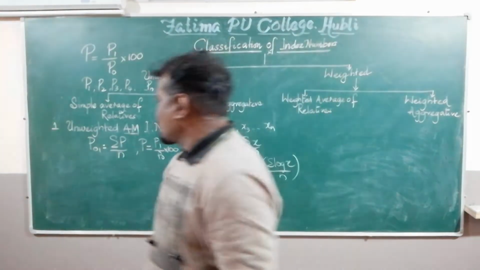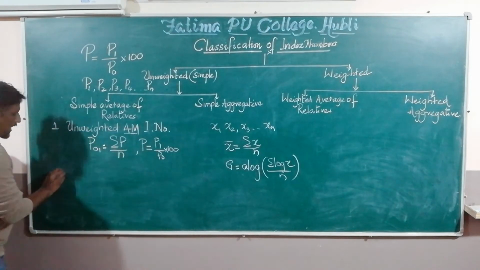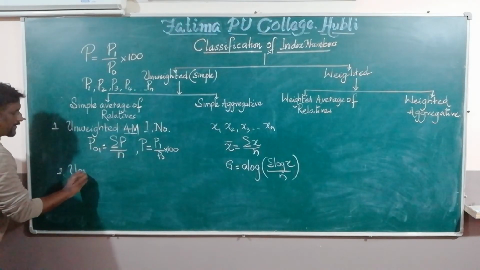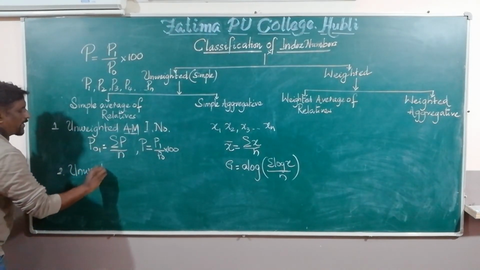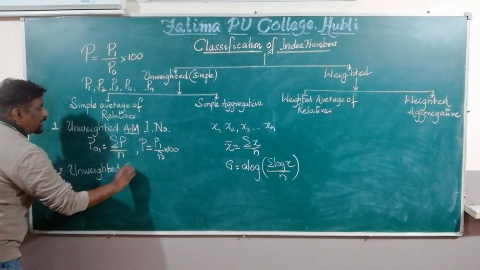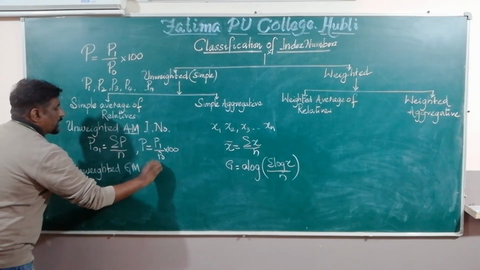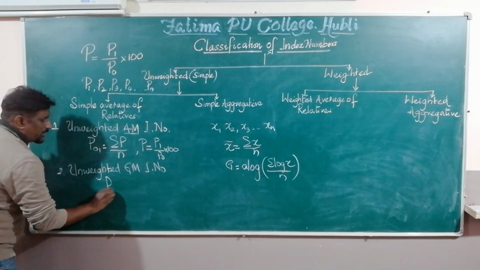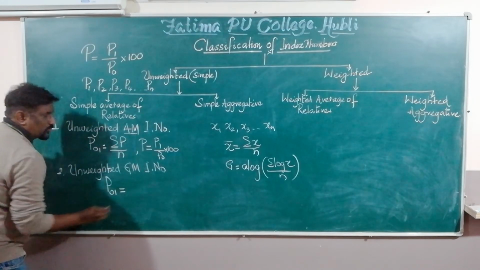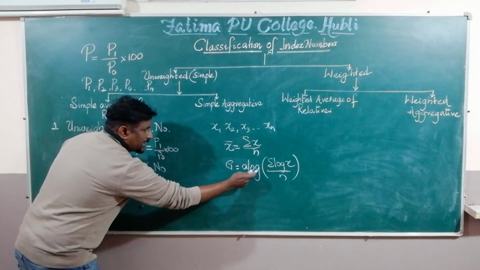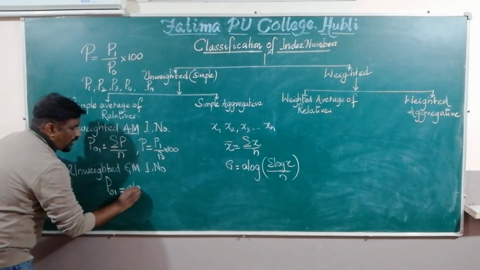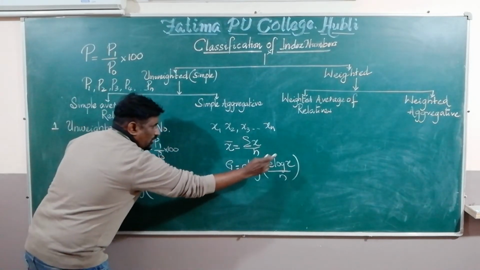Okay? So likewise, students, we also have the unweighted geometric mean index number. Unweighted geometric mean index number P01 is equal to antilog of summation log x.